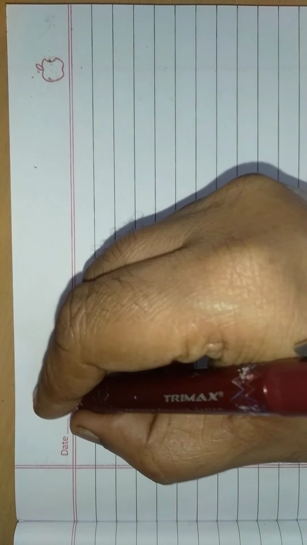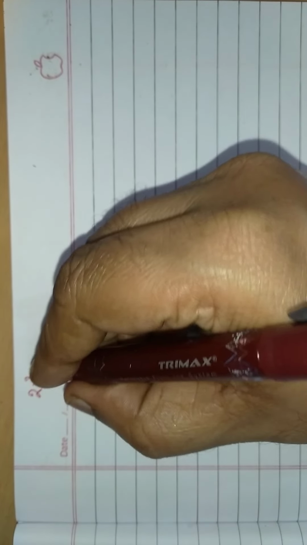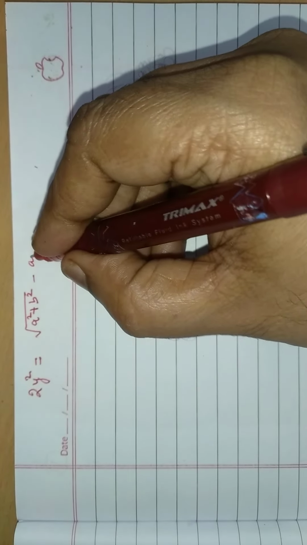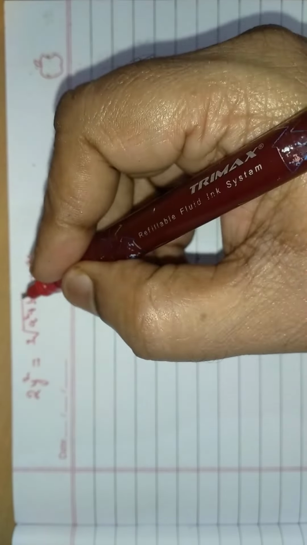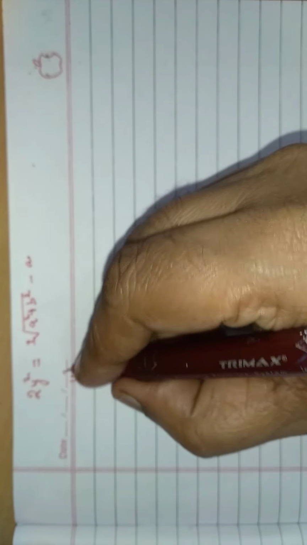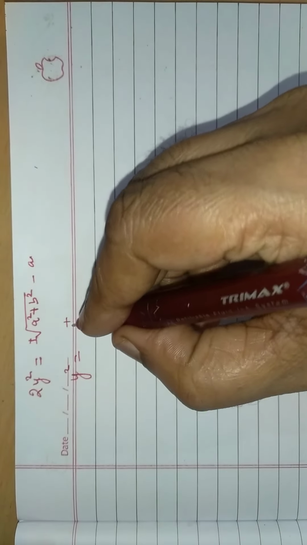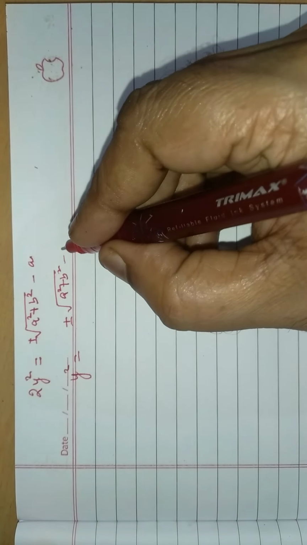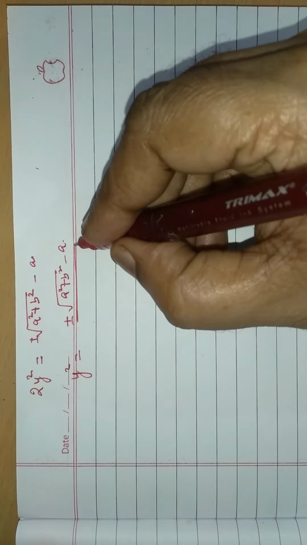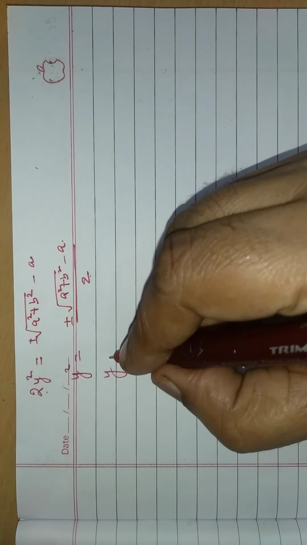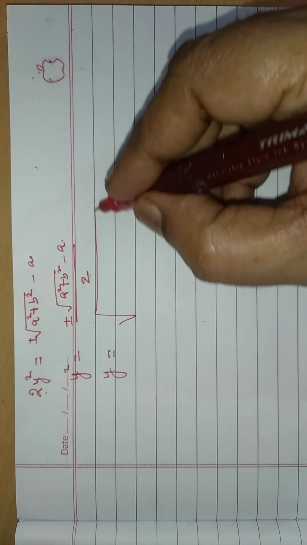So now see, 2y square is equal to root under a square plus b square minus a. Here is plus minus both signs, and y square is equal to plus minus (root under a square plus b square minus a) divided by 2. This 2 will come here, and y is equal to plus minus root under.